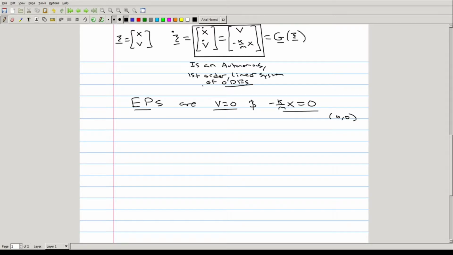Not only that, we can use the implicit function theorem, which guarantees that when the derivative of x is non-zero, dv dx is going to be dv dt over dx dt.